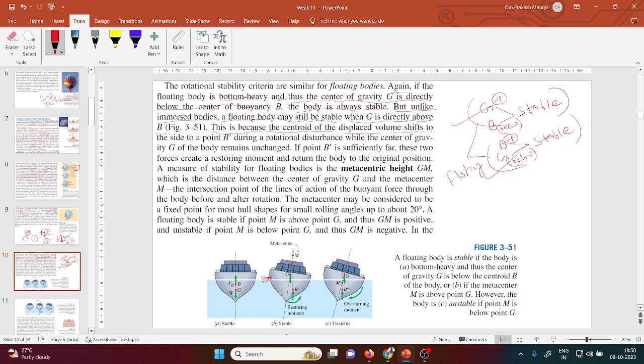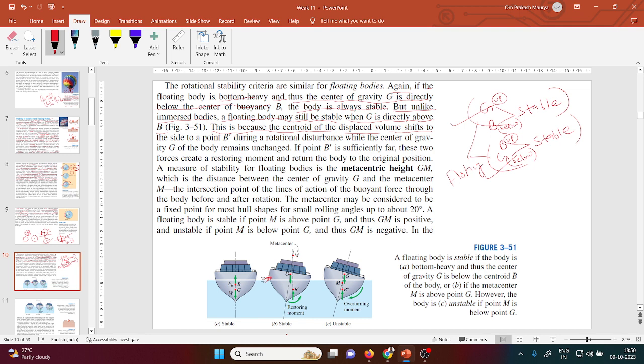If the point B dash is sufficiently far, these two forces create a restoring moment, not rotation, restoring moment, and return the body to its original position.